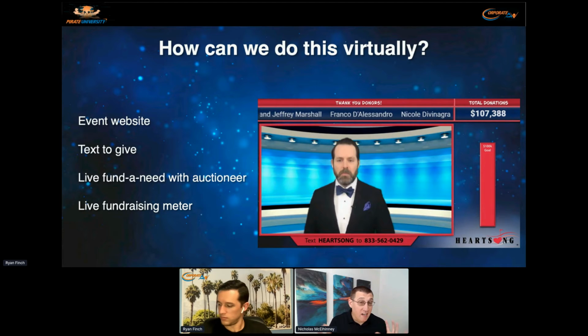And then the meter. We call this scene a meter scene on a virtual event. As you can see across the top, there are names that scroll, a dollar amount, and a progress bar that shows progress of the fund need, progress of the fundraising. This allows us to give people recognition and show some status.